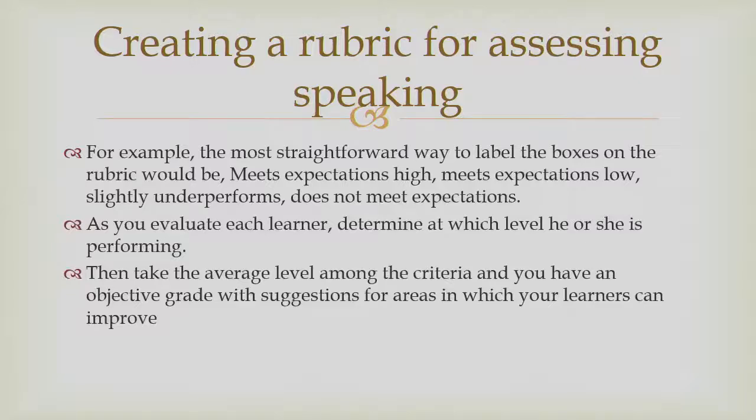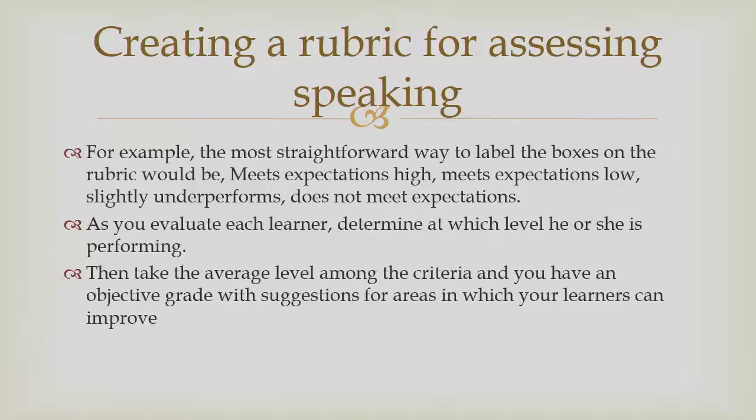For example, the most straightforward way to label the boxes on the rubric would be meets expectations high, meets expectations low, slightly underperforms, does not meet expectations. So that is on top.